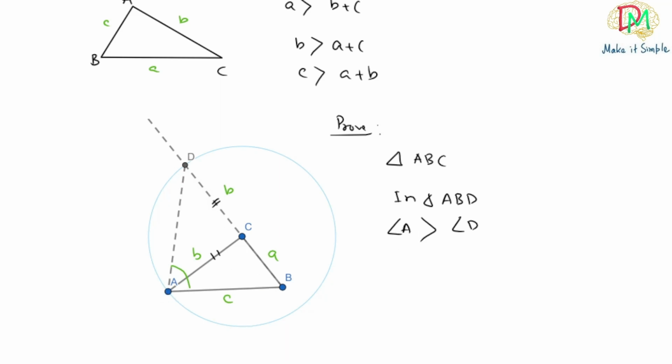So we can say side BD is greater than side AB. BD is what? A plus B, greater than AB, which is C. Proved.